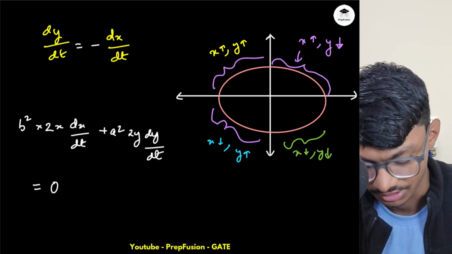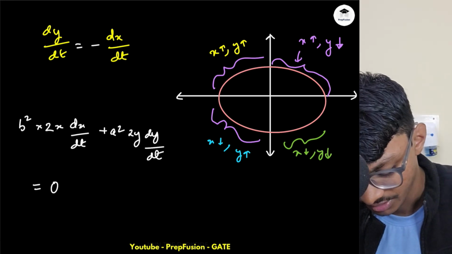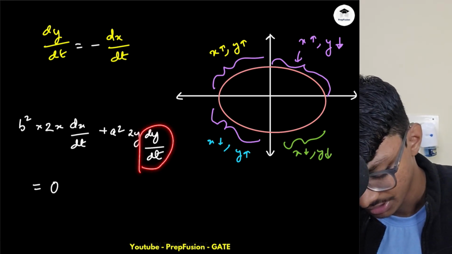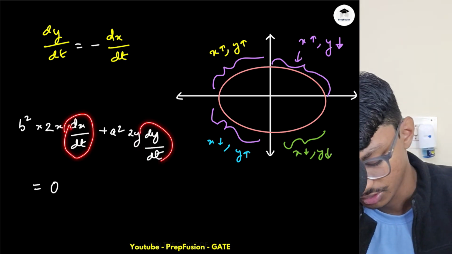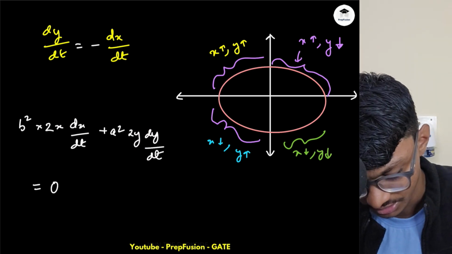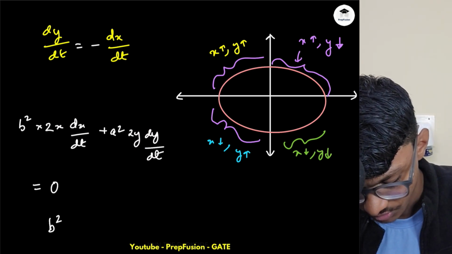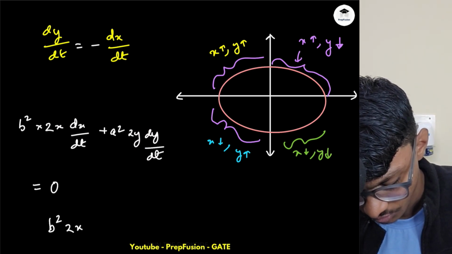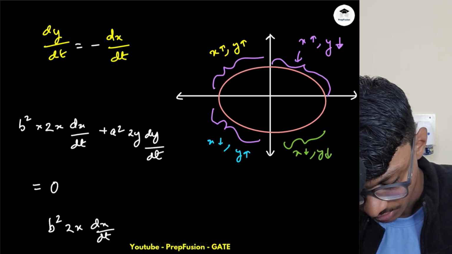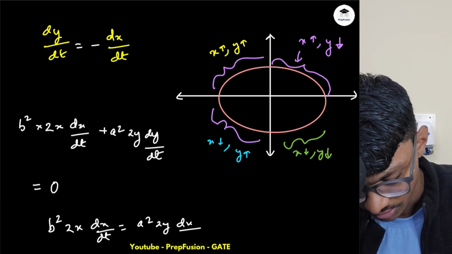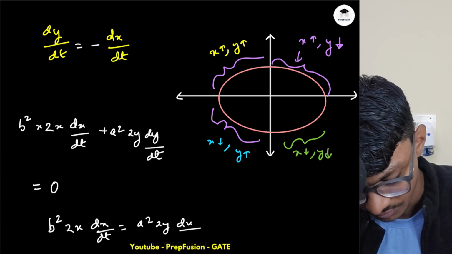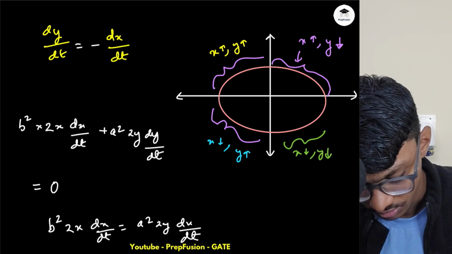A square b square is a constant itself. What is interesting over here is that dy upon dt is equal to minus dx upon dt, so I can replace this dy upon dt with minus dx upon dt. So this will be b square 2x into dx upon dt equals to a square 2y into dx upon dt, because I have skipped one step and directly gone to the right hand side.